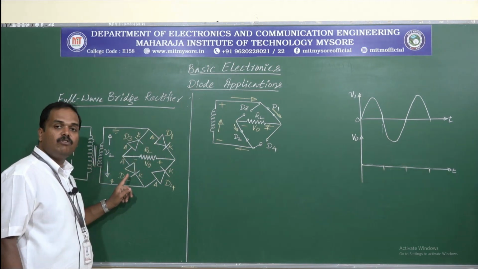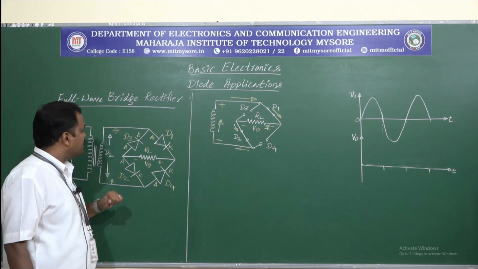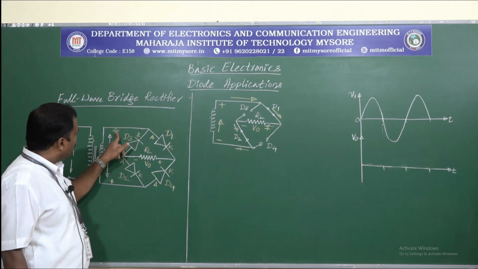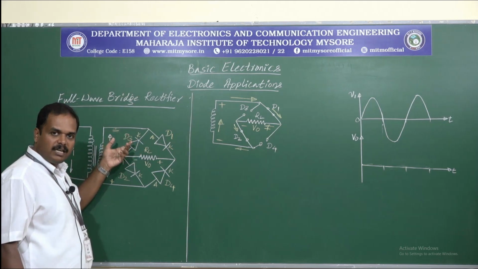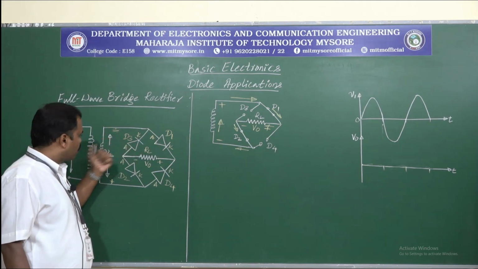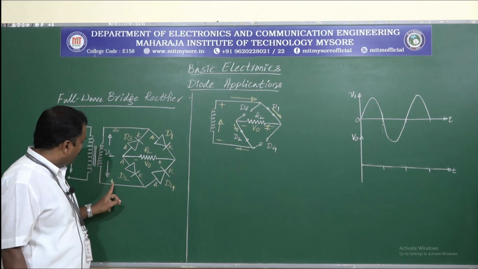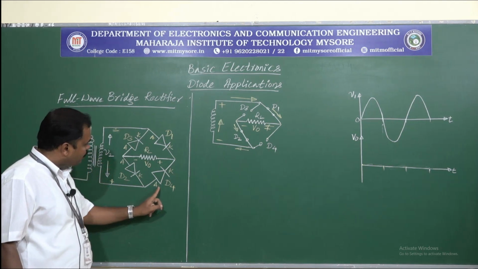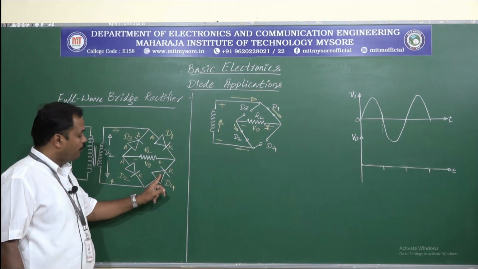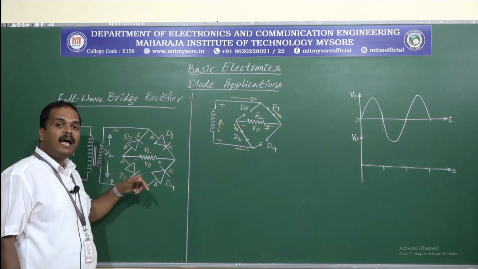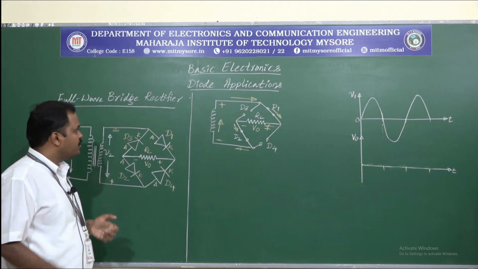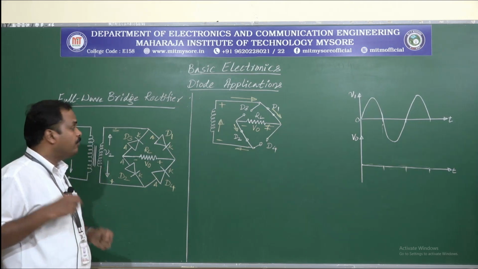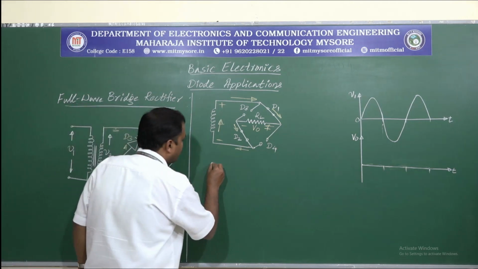So D1 and D2 will be working as open switches, whereas the negative potential is connected to the cathode of D3, so D3 works as a closed switch. At the same point, the positive potential is applied to the anode of D4, so D4 will also be working as a closed switch because of the forward bias condition. So let us put up the equivalent diagram during negative half cycle.